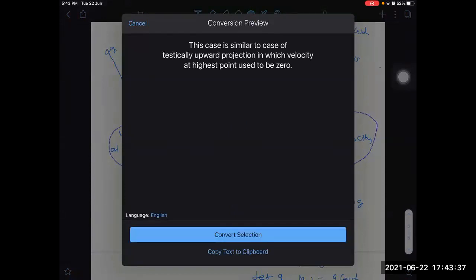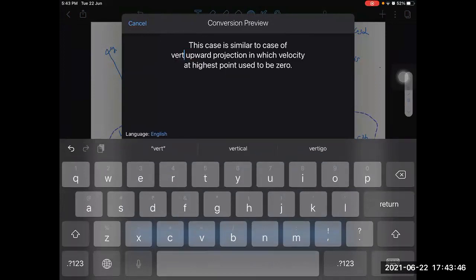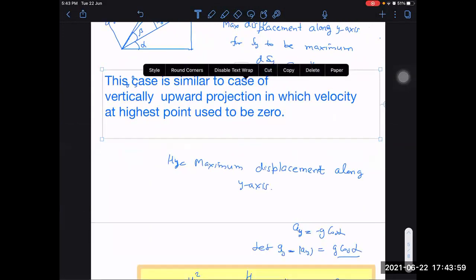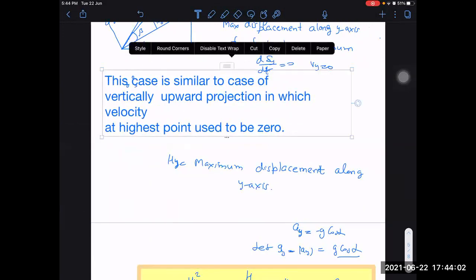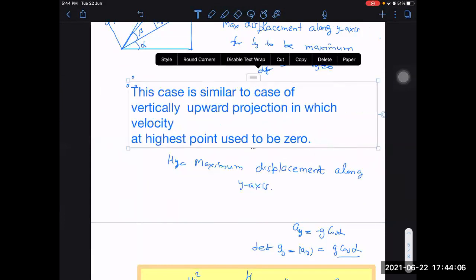This case is similar to the case of vertically upward projection, in which velocity at the highest point used to be 0. Yes, sir. Let us first remember this thing. Why is this case similar? That could be the question. Can you figure out why it is similar?